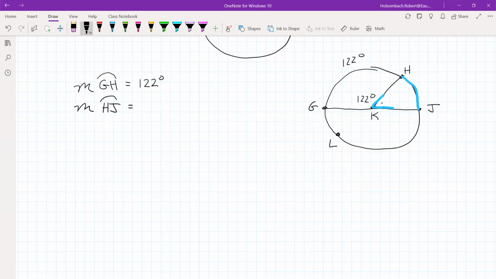So we're going to take 180 minus 122. That's 58 degrees. So if this central angle in here is 58 degrees, then the measure of arc HJ is 58 degrees.